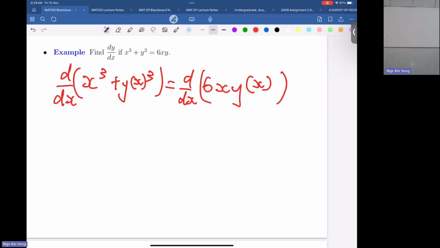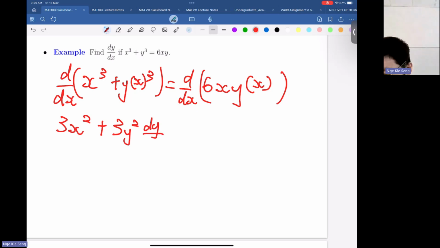You can solve for y. To do this, you basically just differentiate all of them. And this one, you use the chain rule because y is dependent on x. And on the other side, there are two things depending on x, right? So which rule do you need to use?